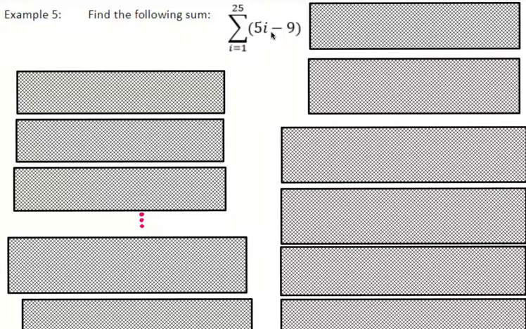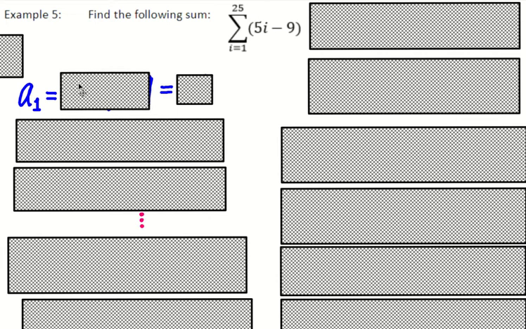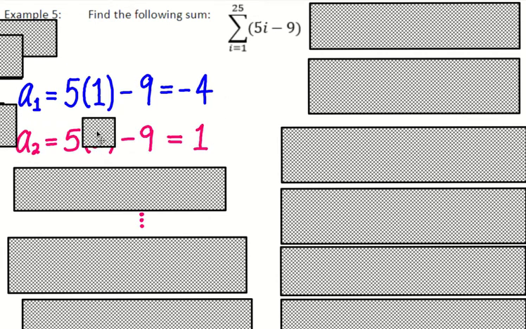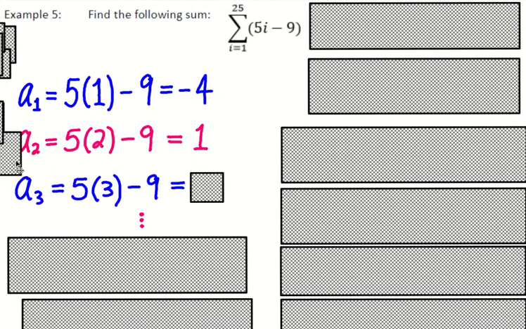How do I know that? Well, someone like me with years of experience, I just happen to look at that and go, that's arithmetic. But there's nothing wrong with doing a quick investigation, looking at how the first term is -4 by plugging in 1. The second term is 1 by plugging in 2. Third term, plug in 3 to get 6.